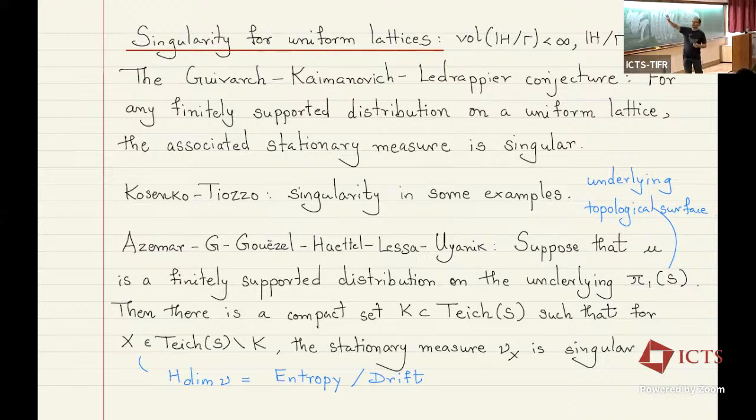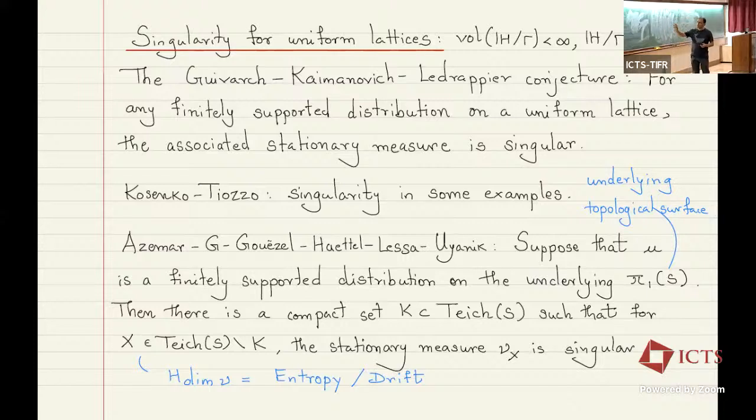We have only very little progress towards this. The first thing I want to mention is work of Kosenko and Tiozzo, where they showed singularity for co-compact lattices, very symmetric ones, like symmetric tessellations of H2, and I think simple random walks on such tessellations. So it's a very restricted setup, but they actually showed that the stationary measures are singular.